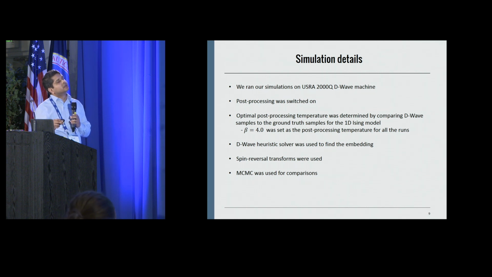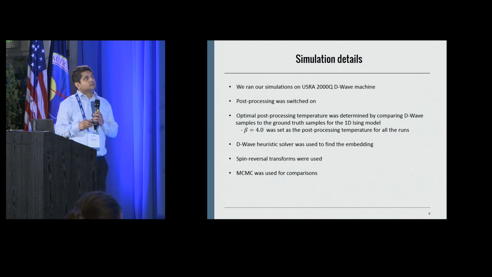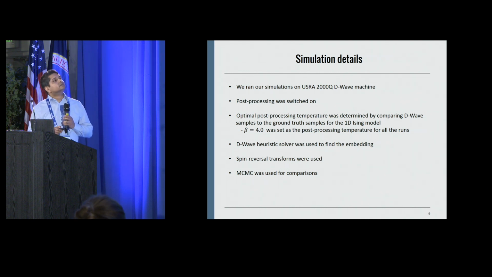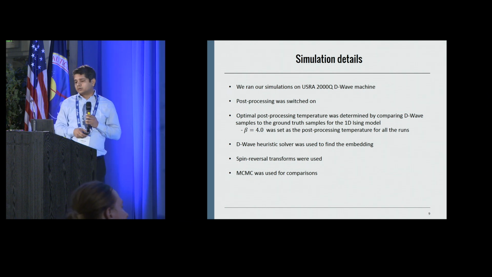We used the D-Wave heuristic solver to find the embedding, and in the hope that spin reversal transforms will improve the quality, we switched that on too. And I'll show you some comparisons with Monte Carlo simulations that use the Metropolis algorithm.